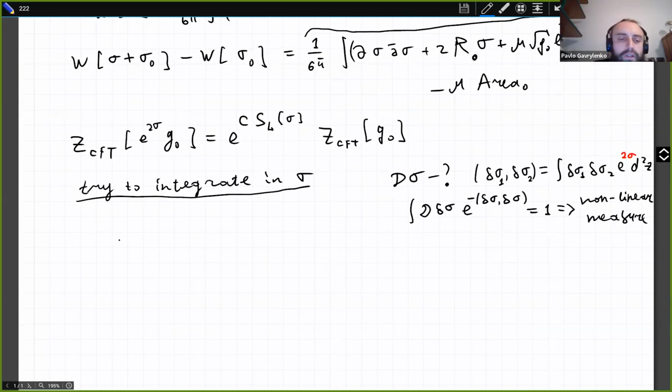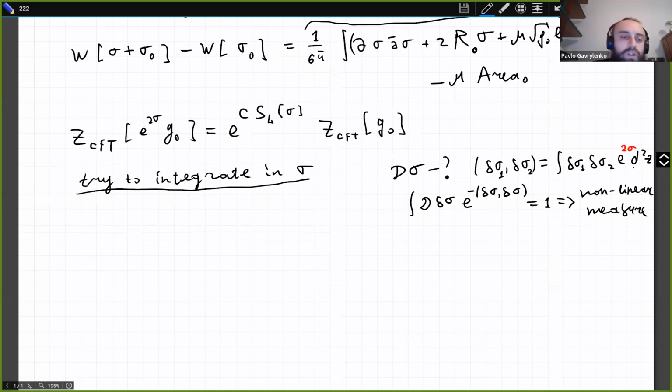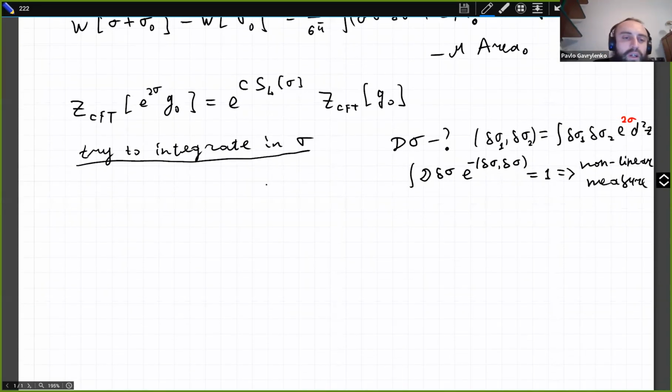In principle, people studied what to do with this, but I'm not familiar with these considerations, and I don't know if they were able to get some rigorous result.